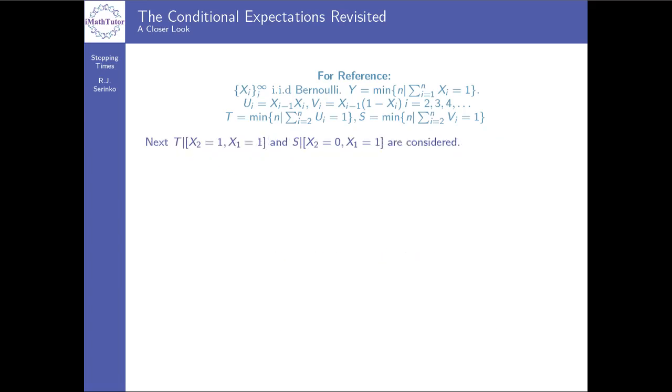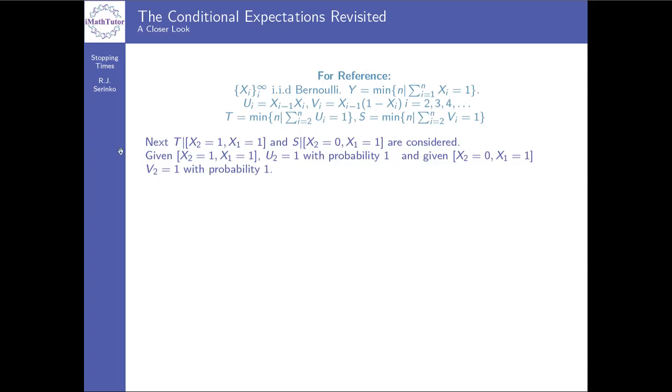Next, we're going to turn attention to t given x2 equals 1 and x1 equals 1, and s given x2 equals 0 and x1 equals 1. Given that x1 equals 1 and x2 equals 1, u1 equals 1 with probability 1, and given that x2 equals 0 and x1 equals 1, v2 equals 1 with probability 1.